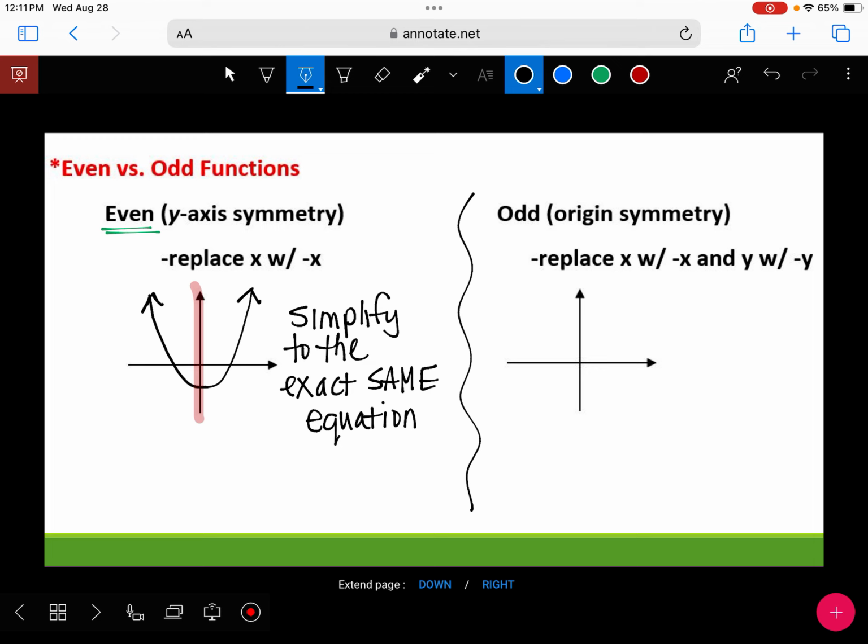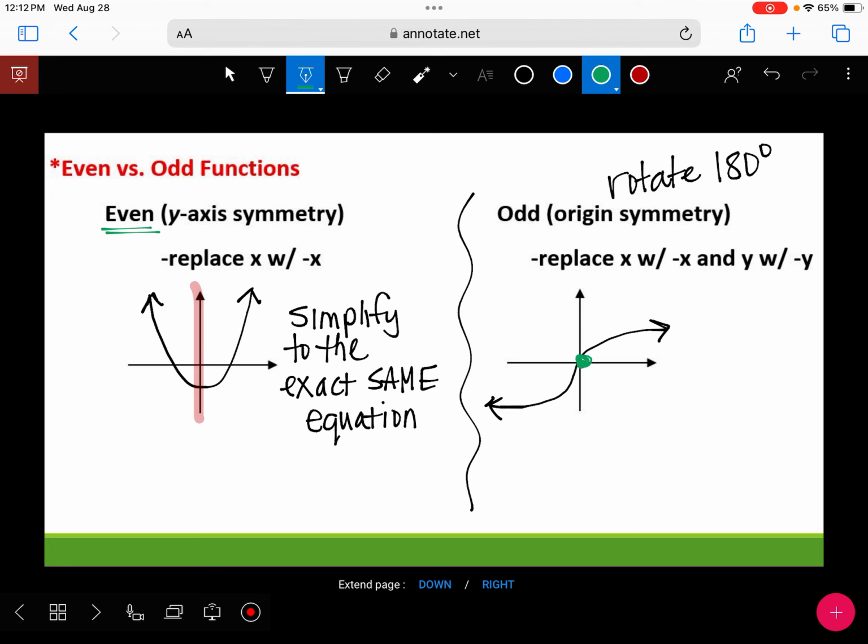Whereas odd has origin symmetry, which means that you have to rotate it 180 degrees for it to match. An example of that would be this, and we're going to start graphing when we come back from Labor Day. The point of symmetry occurs right here at the origin.